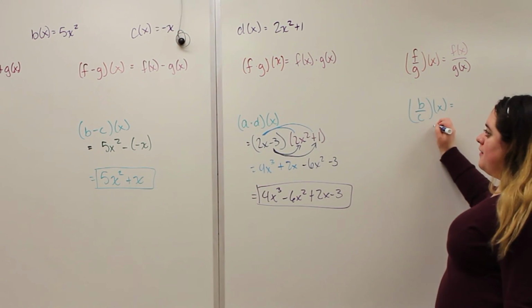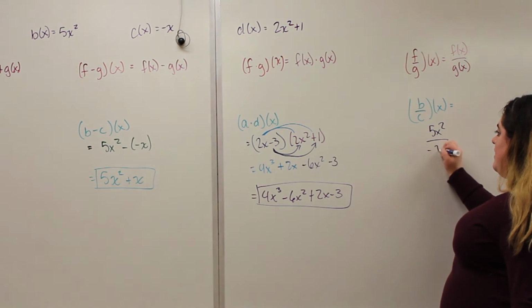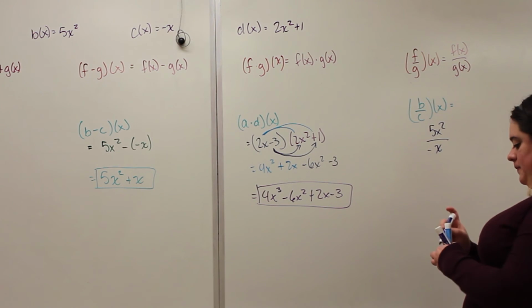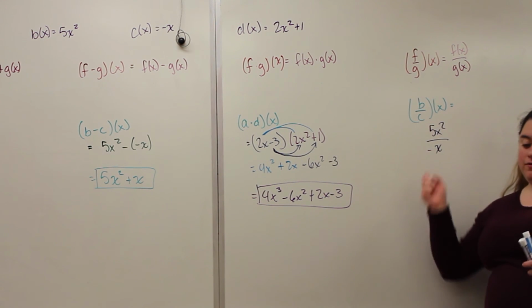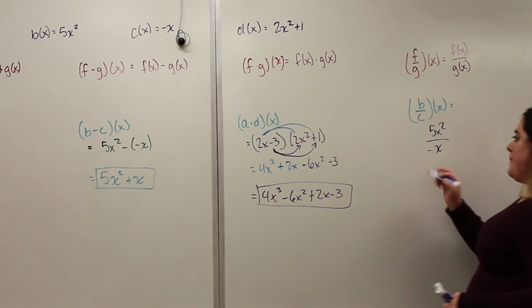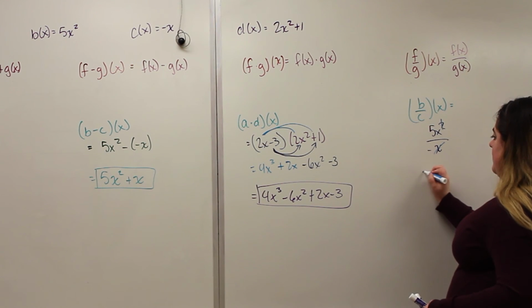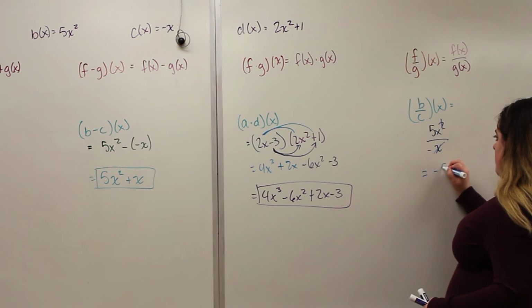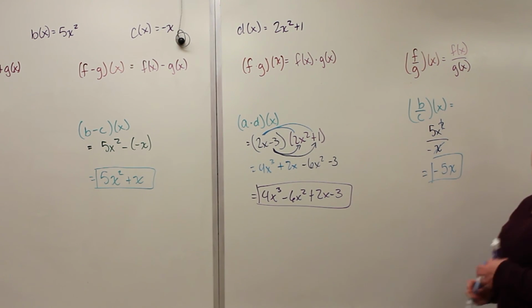So we have 5x squared divided by a negative x. Looking at this, we can simplify it. One of the x's can go away, and this becomes a 1. So we end up with negative 5x as our simplified function.